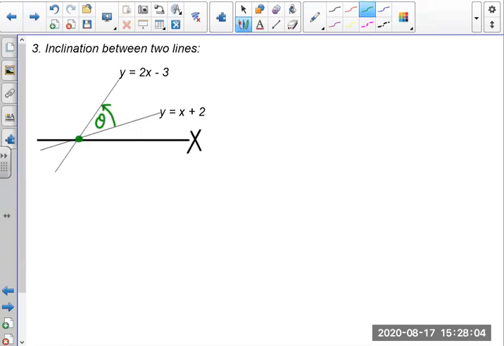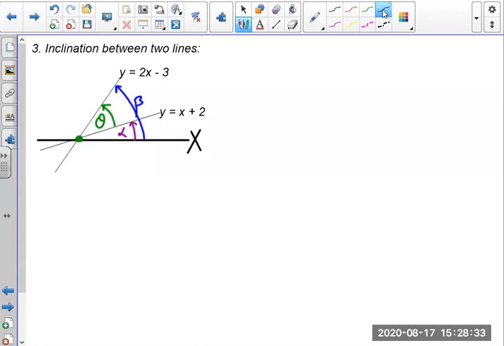Because, now can you see you have two equations? If you can find the inclination of this line, I'm going to call it alpha, and you can find the inclination of that line, I'm going to call it beta.